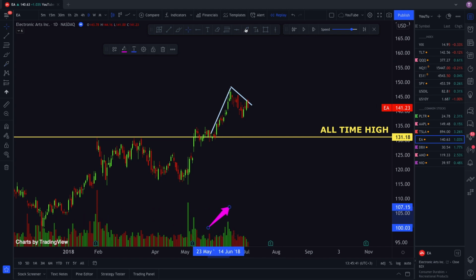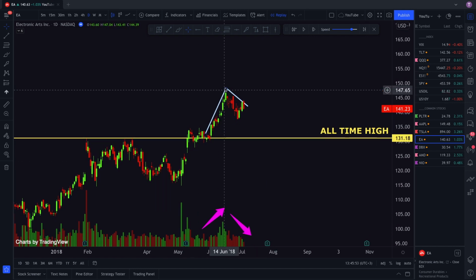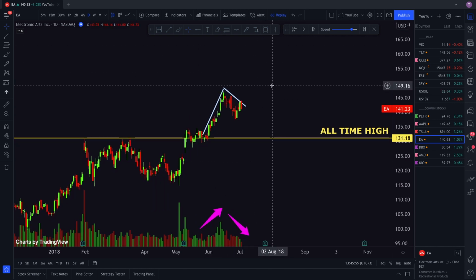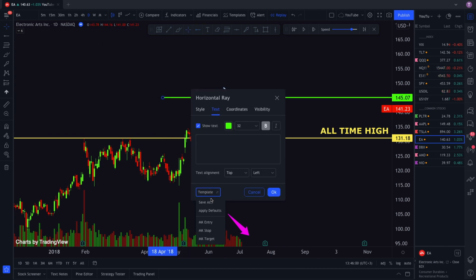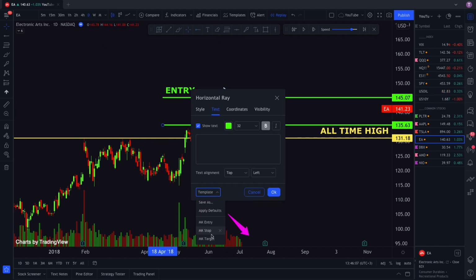As you can see, volume is increasing and declining. A perfect environment for trading bull flags. Let's place our entry and stop loss orders. Now, let's watch the trade.